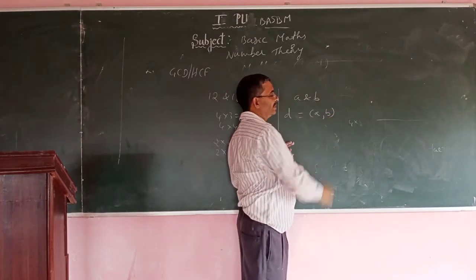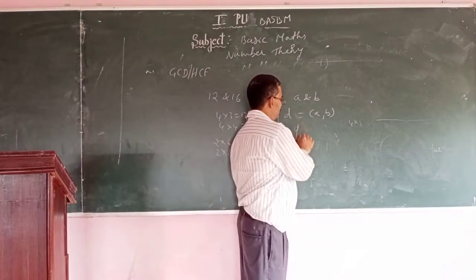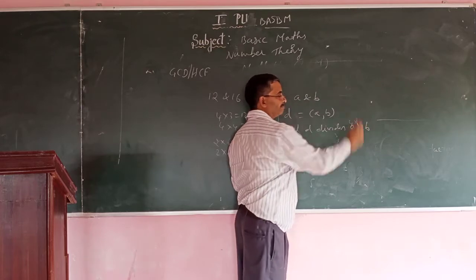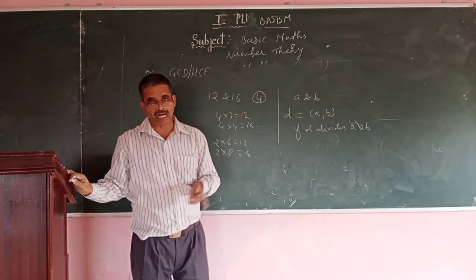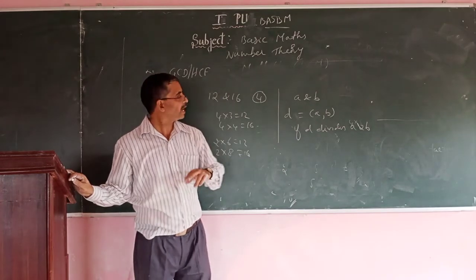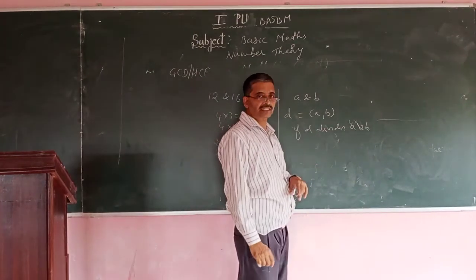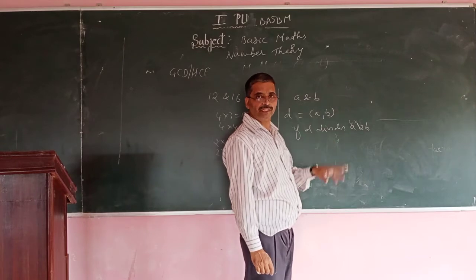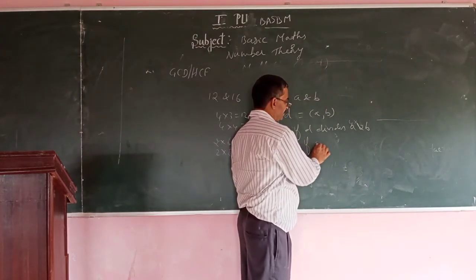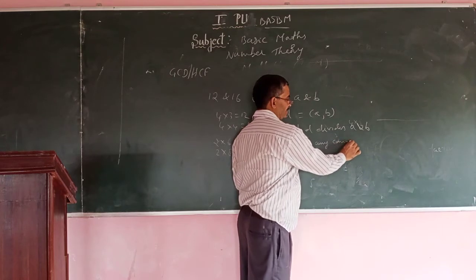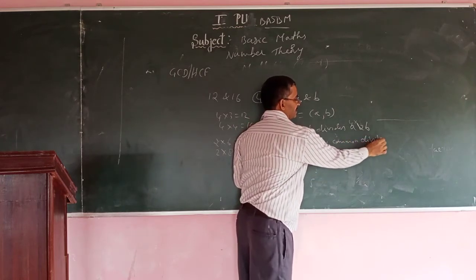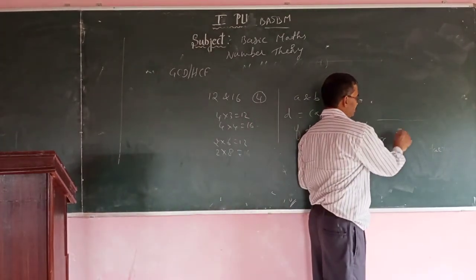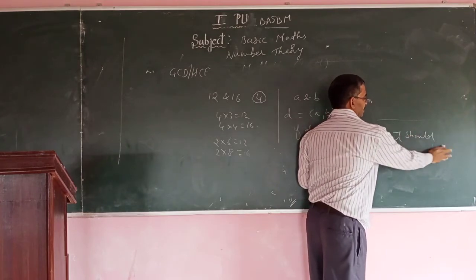D is the GCD of A and B if D divides both A and B, and if you take any common divisor of A and B, that is, any divisor that divides both A and B, it should divide D.